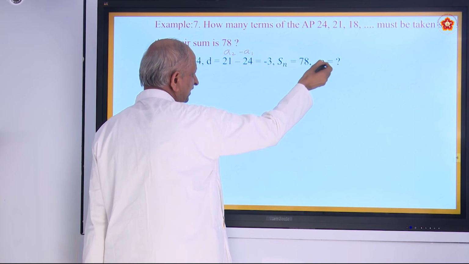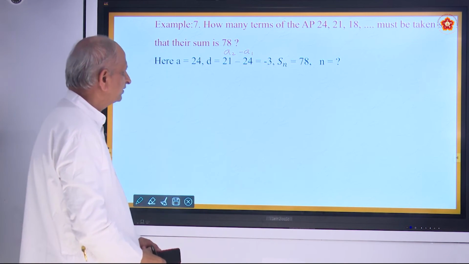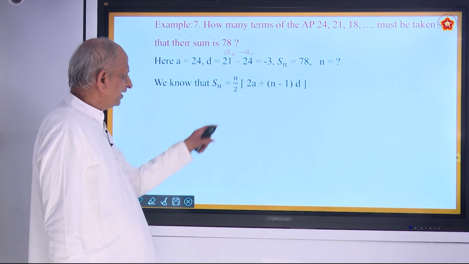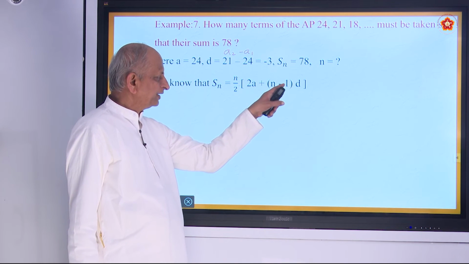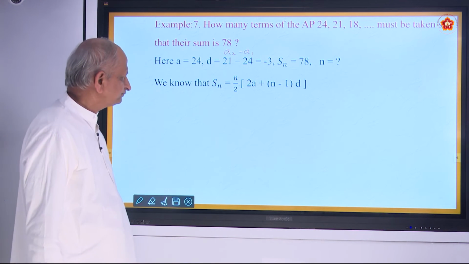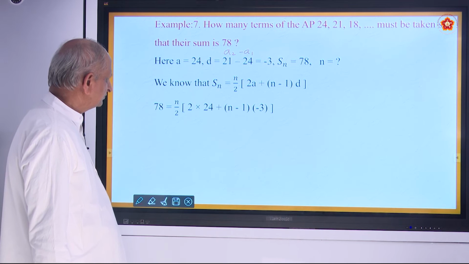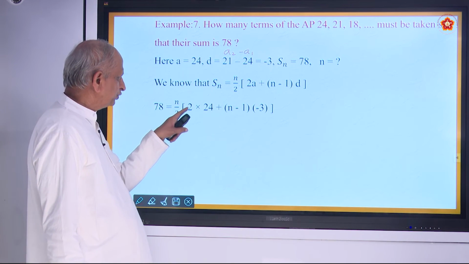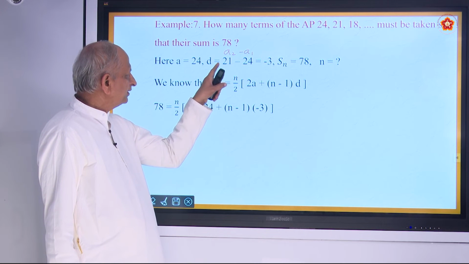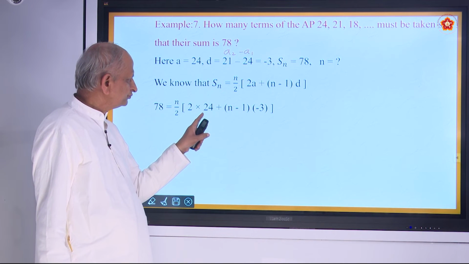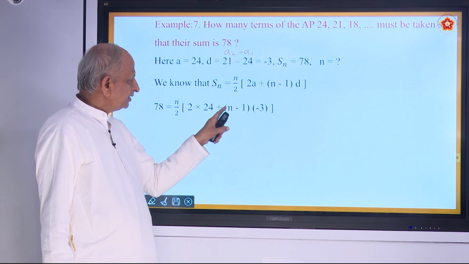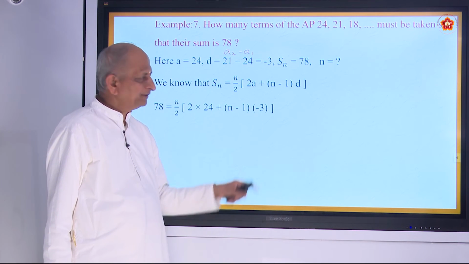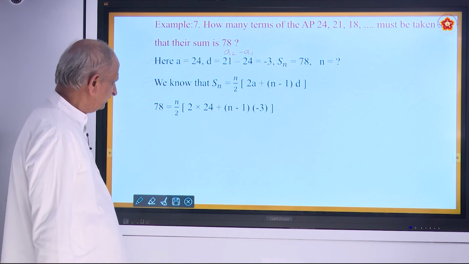Sn is equal to 78. What is n they are asking? As usual, very famous formula, Sn equals n by 2 into 2a plus n minus 1 into d. Apply it. And then what is Sn? 78. n by 2 into 2 into a. A is 24, first number. n minus 1, n we don't know, into d. D is common difference, minus 3.